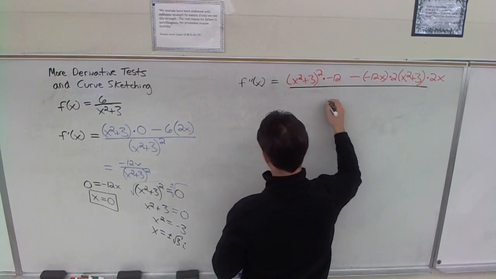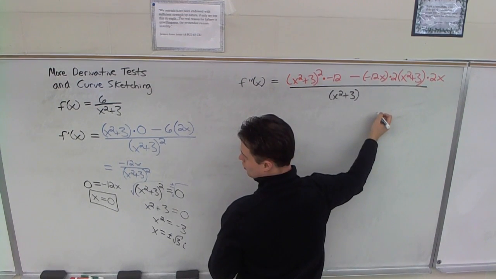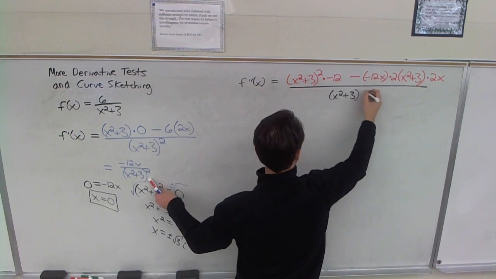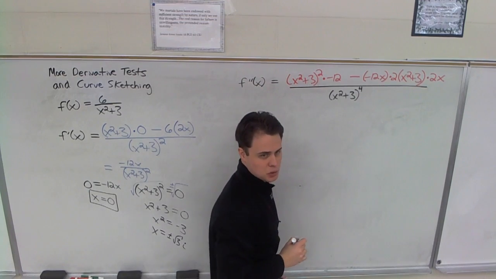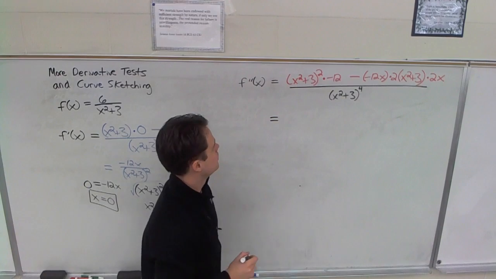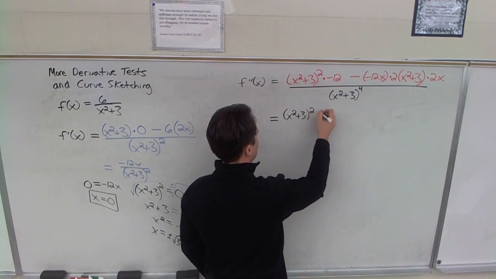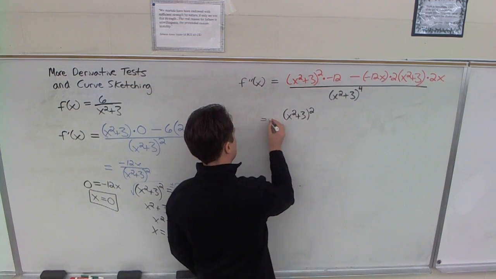All over that whole thing to the 4th power, right? Because it's whole squared. Okay, let's see if this simplifies, because that's pretty ugly looking, right? I think we're going to want to take some time to simplify this. You might even need to expand that out.